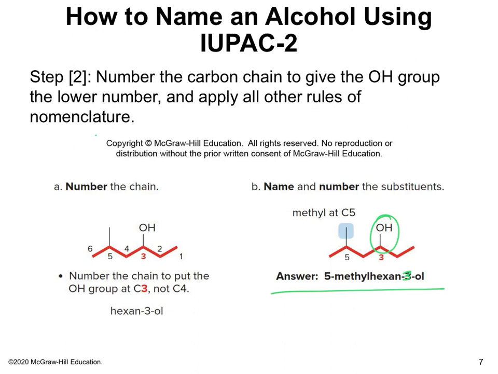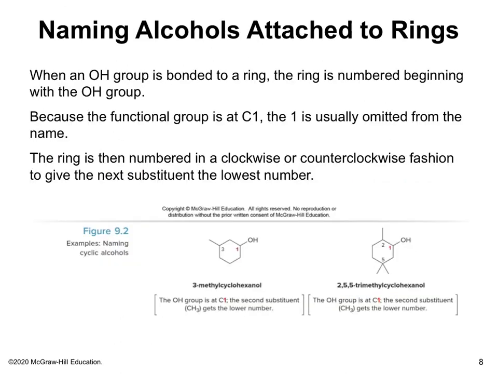So you want to number the chain that way from left to right. When it's bonded to a ring, it's going to be the higher priority. So you start there, and then to get to the substituent, you want to give it the lowest numbering. So you can either go clockwise or counterclockwise. Here you get to the methyl by going counterclockwise. So that would be how you would name that.